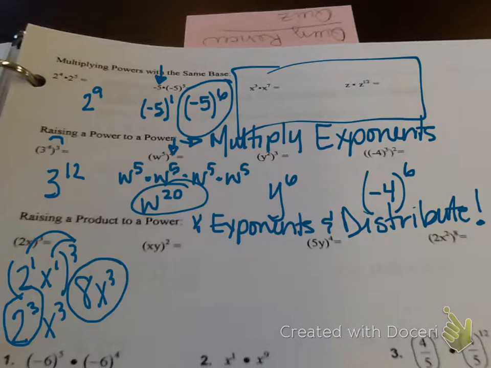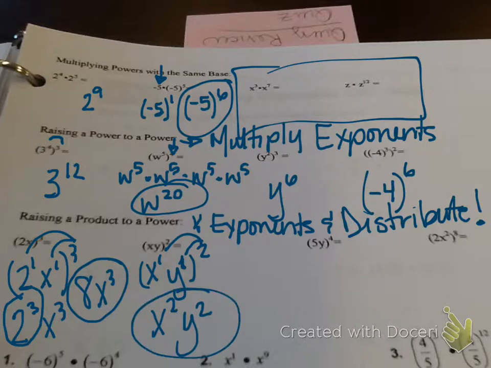Alright, take a look at the next one. We have x to the 1st, y to the 1st, raised to the 2nd power. So we distribute the 2 and end up with x squared, y squared as our final answer. On this one, we distribute the 4, so we get 5 to the 4th, y to the 4th.